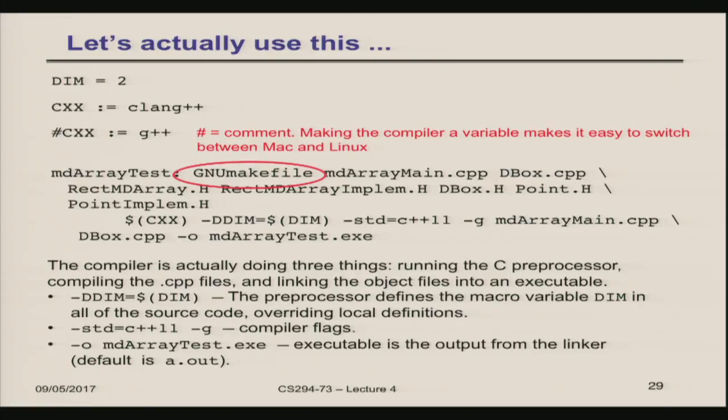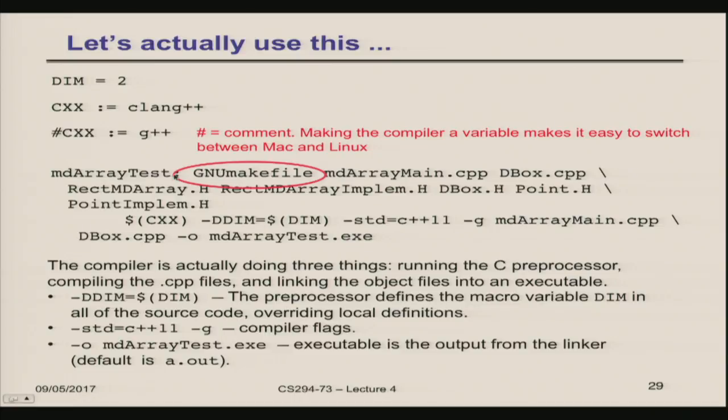And clang++ is the only compiler I've got on this particular Mac that will work. On the other hand, on Linux boxes, it's all g++. And maybe there's another C++ compiler, the GNU or the Intel C++ compiler. Lots of compilers around. You don't want to have to go through and find all the occurrences of whatever compiler you're using to change them, so you define it as a variable.